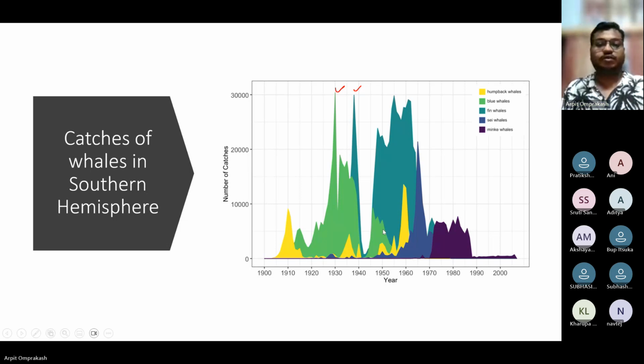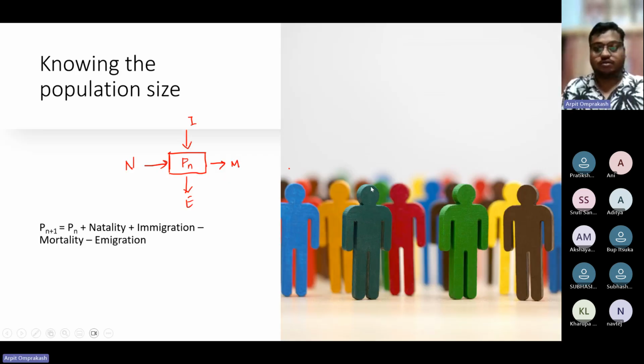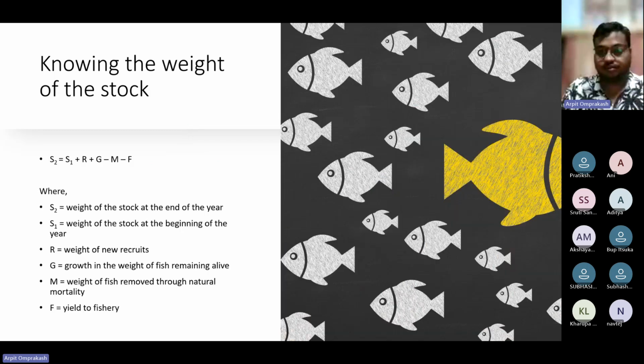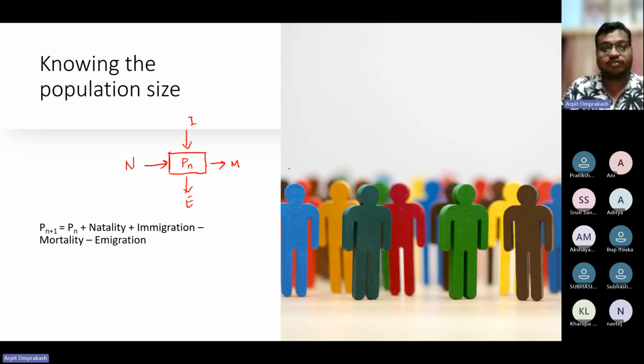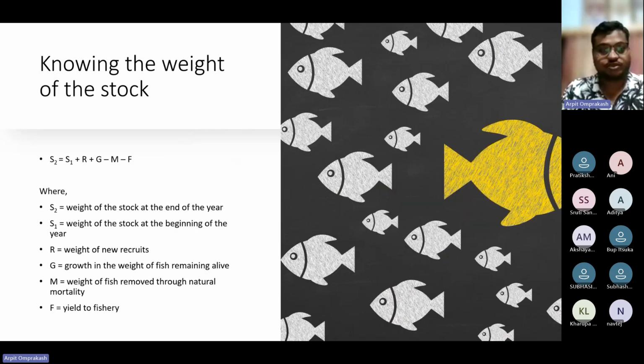Okay. So to calculate the optimum yield, we can look at a slightly different equation, where instead of looking at the number of individuals, the population size, what we are interested in is the weight of the stock, or basically the biomass of the population.